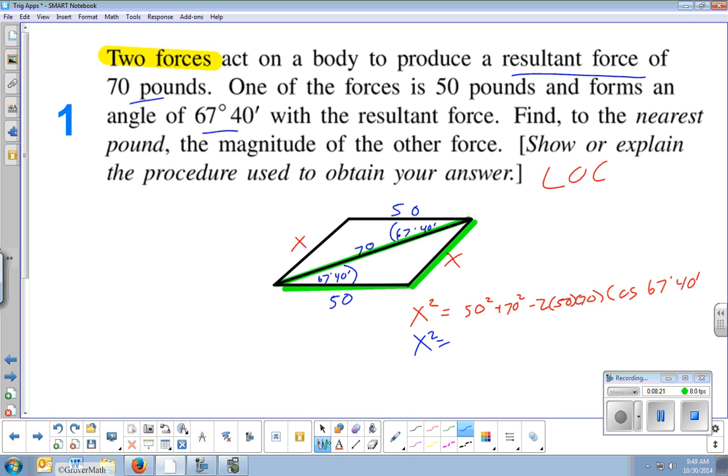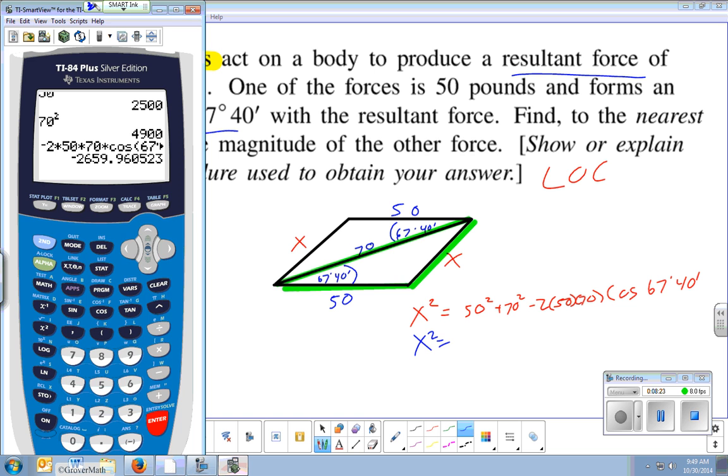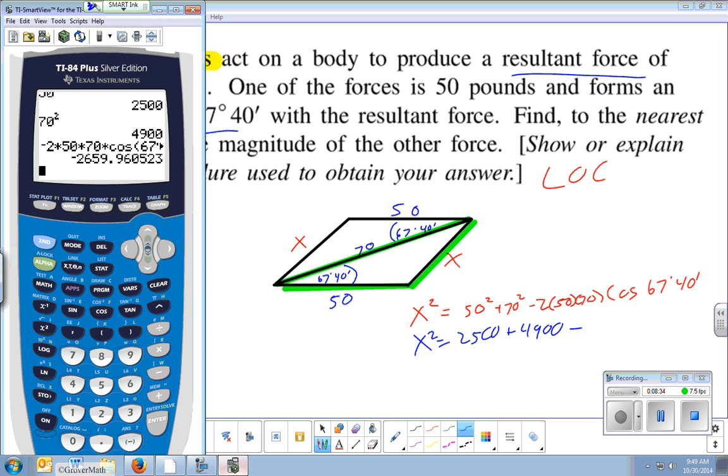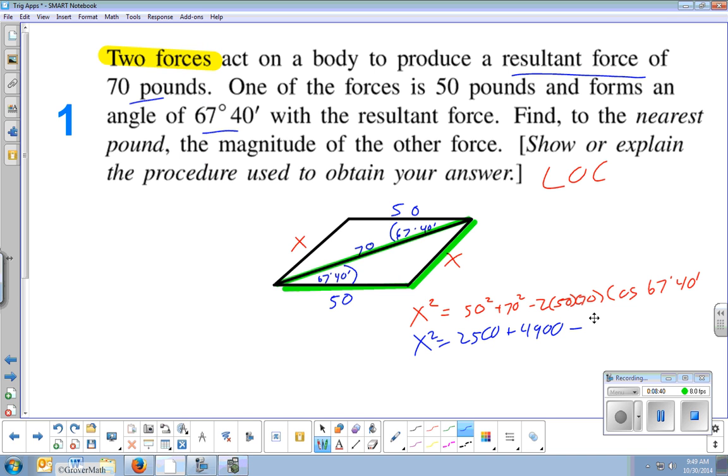So let's see here. 2500, 4900. So 2500 plus 4900 minus that whole piece, 2659.96. And then let's add all those pieces together.